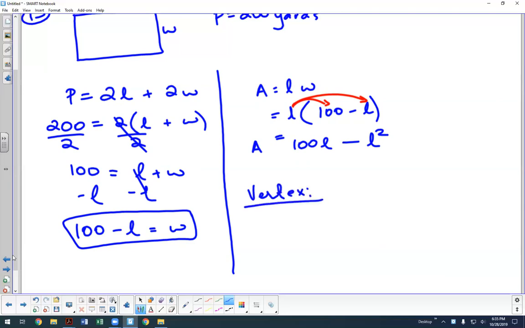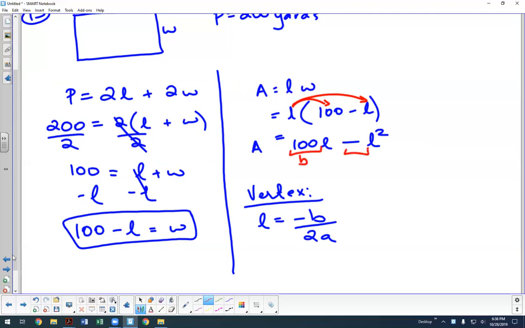Finding the vertex. And since we have L as our variable, it's going to be L equals, and it's the same formula that Amy had talked about earlier, which is -b over 2a. Same exact vertex formula when your equation is given to you in the standard form. What is our B term for this equation? 100. Very good.